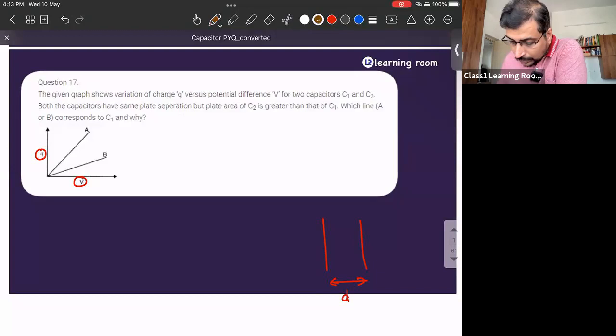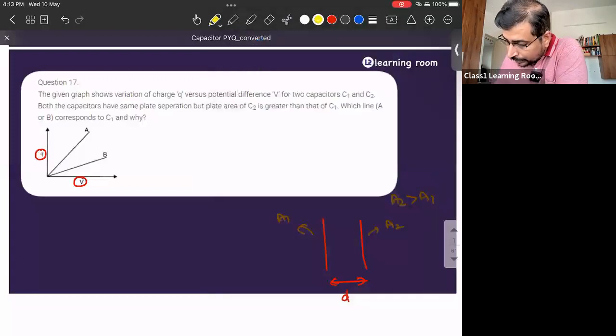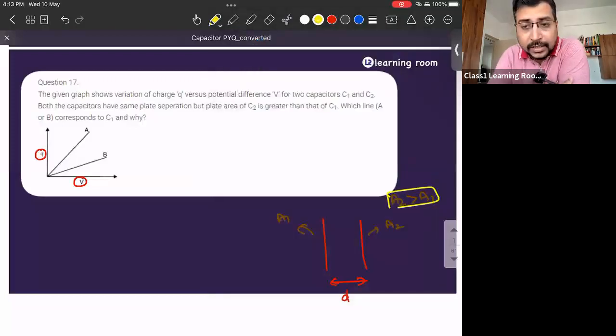The plate area of C2 is greater than that of C1. So the plate area A2 is greater than A1. Now, which line corresponds to C1 and why? So, how to solve this?